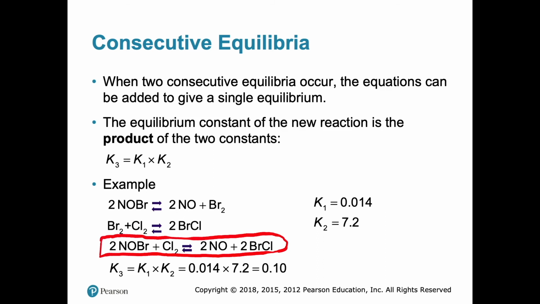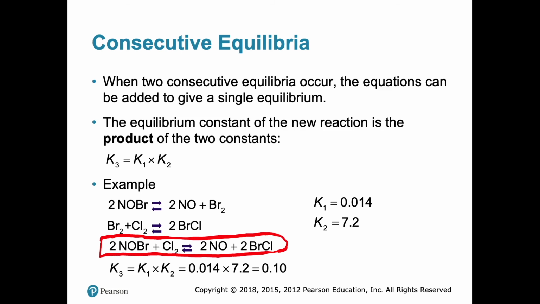The first step of the reaction is this part where NOBr becomes NO and Br2, and its equilibrium constant here is 0.014. And then after that, you can take a Br2 and add it to chlorine to get yourself BrCl, and its equilibrium constant is 7.2.